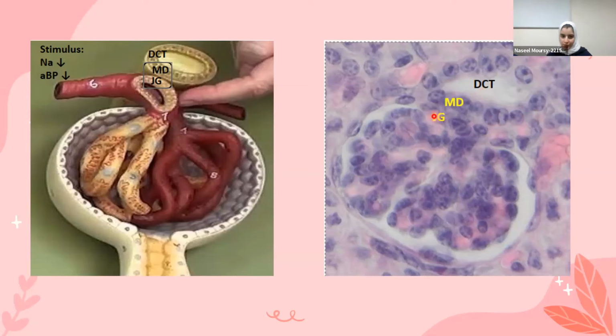Now, do you guys have any idea what this MD is? This is a really important thing. Macula densa. Let me be more mean and ask you, what is its function? Why is it special? It is part of the distal convoluted tubule, but why do we focus on it?